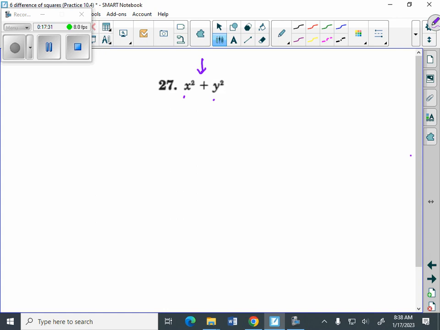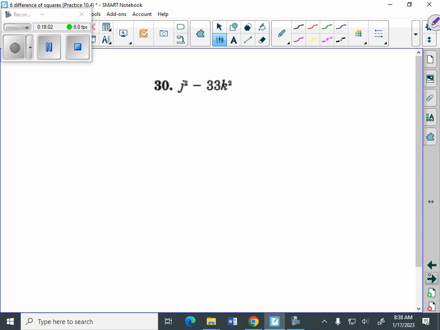And if you look back at your directions, it says if the polynomial is not factorable, write prime. There's a plus in here. We need to have 2 terms, which we have, and a minus sign. Difference of squares. Difference is the answer to a subtraction problem.